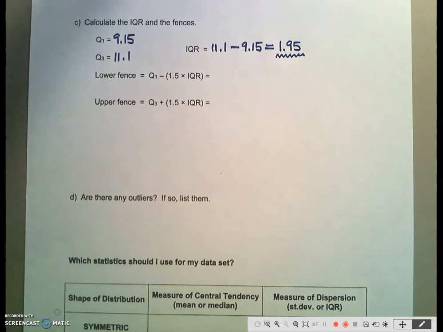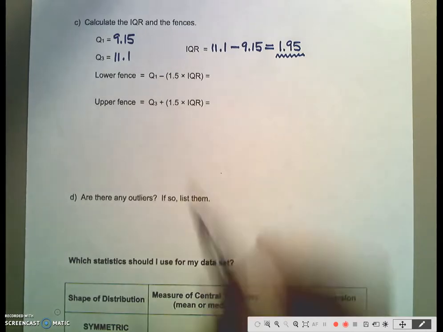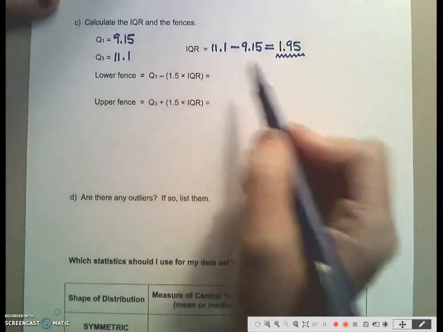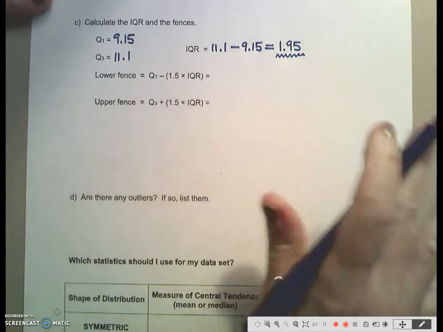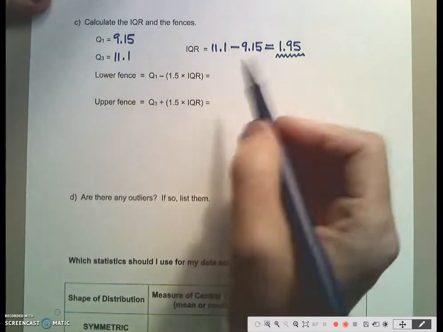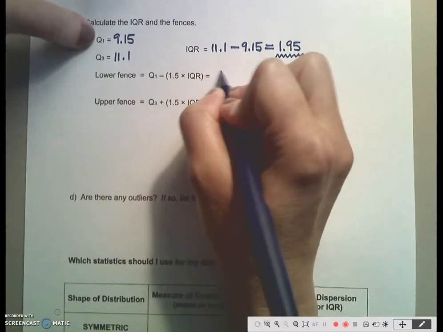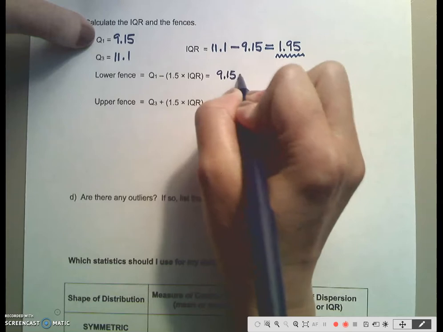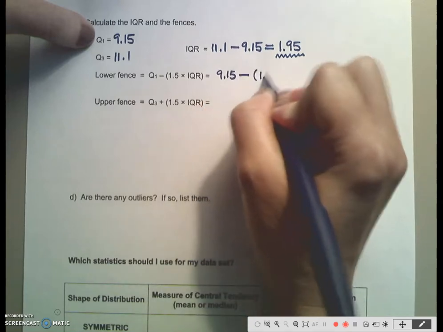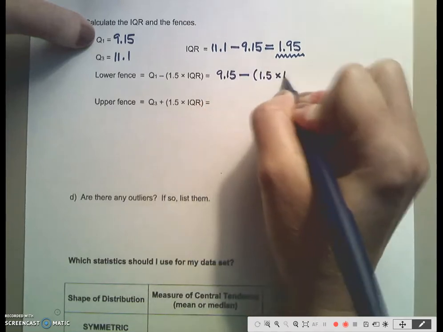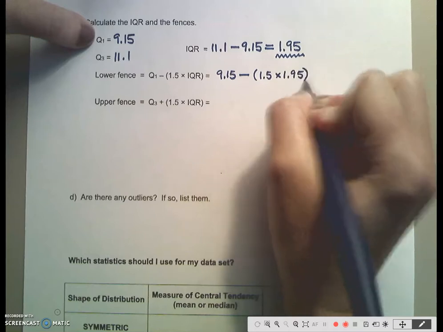All right, now what we're going to do is we're going to create the lower fence, and we're going to use the formulas that they gave us. Again, you don't have to memorize formulas. They're going to be on your formula chart. So I'm going to take Q1, which is 9.15, and I'm going to subtract 1.5 times my IQR.